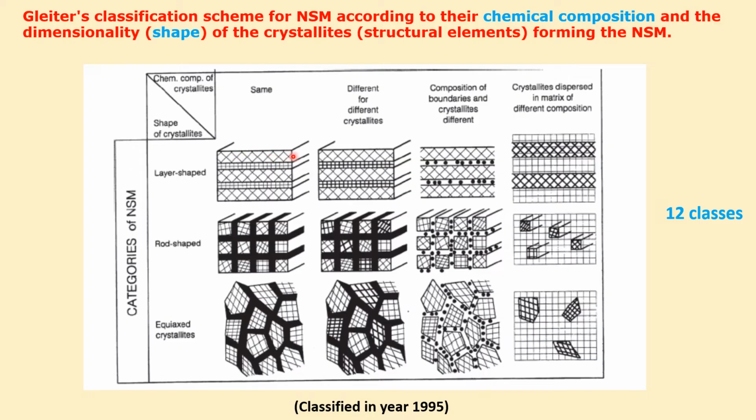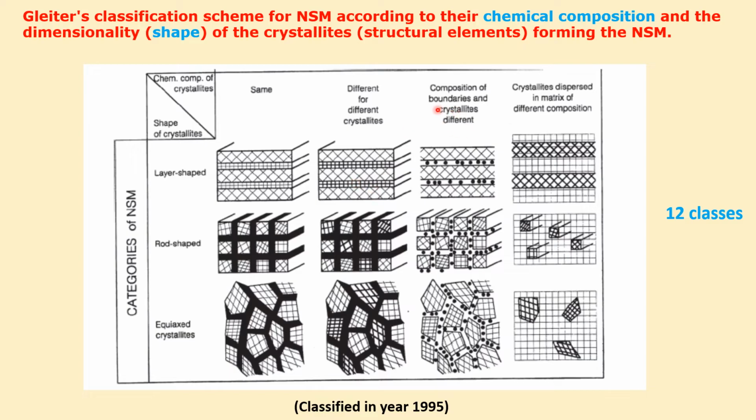One layer is this, another layer is in another direction, but the chemical composition is the same. Here we again have the layer structure, but the composition of the crystallites is different. Suppose this is one composition, this is the second composition.